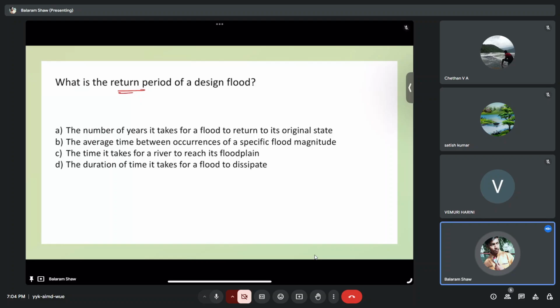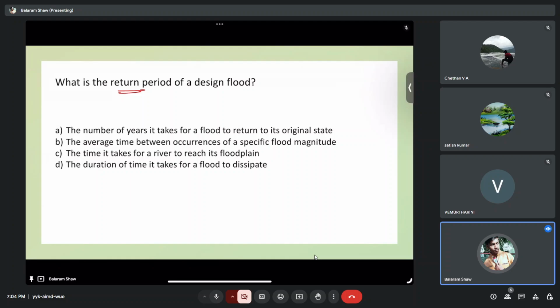Remember that it is an average time, so it does not mean that, if the return period is 20 years, it will come only after 20 years. It can be possible that in the frequent 2 years it can come again, right? So the return period is the average time which can be there between two events.